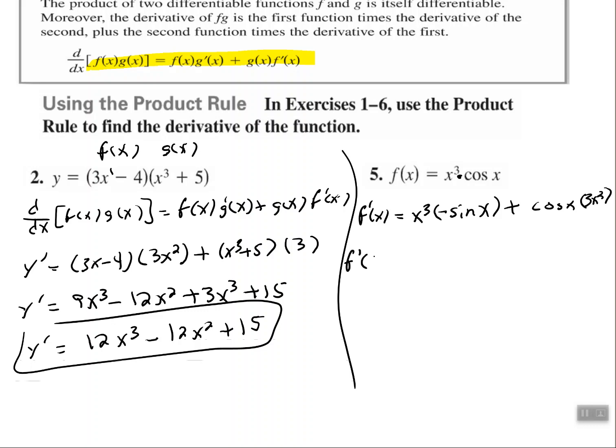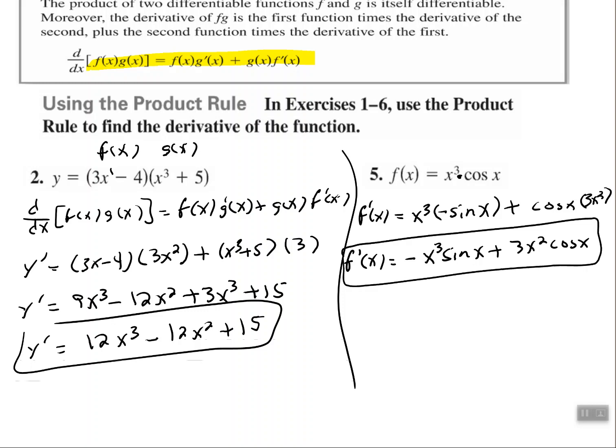So now f prime of x equals negative x to the third times sine of x plus 3x squared times cosine of x. And if you wanted to, you could clean that up a little bit more by factoring out an x squared, but I don't think that's necessary.